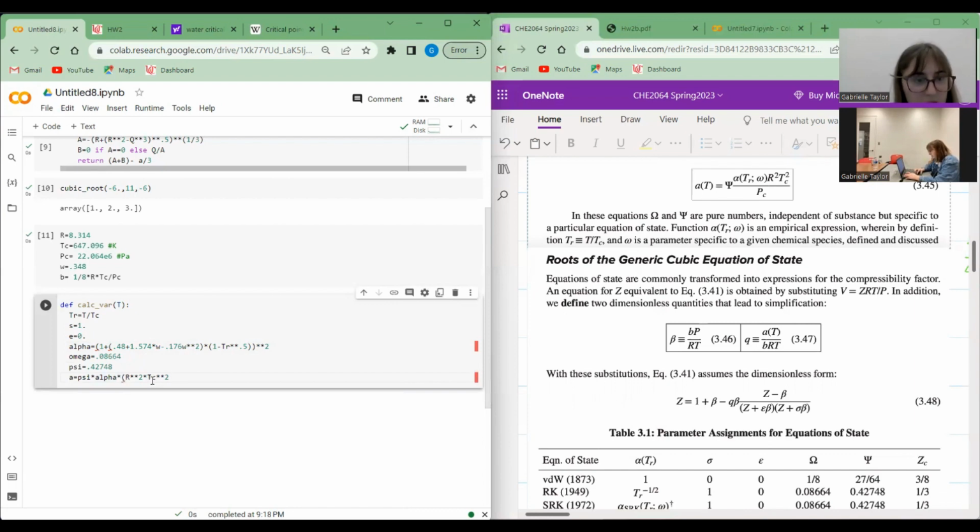And I'm going to put the squared stuff in parentheses so we don't mess that one up. And then we're going to divide it by PC.